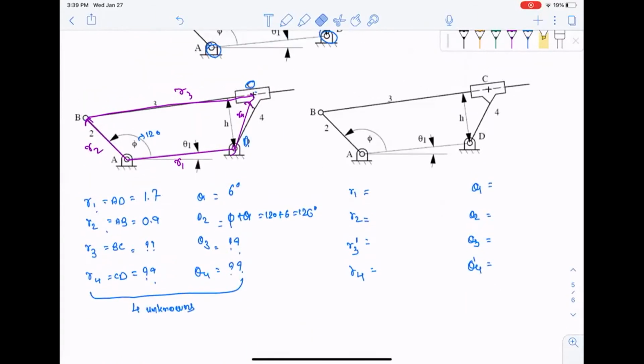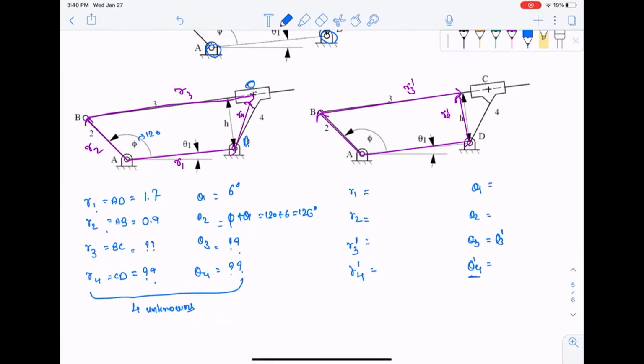But let me propose another method where this is my R1, this is my R2, this is my R3 dash, and this will be my R4 dash. In this case, I have R3 dash and R4 dash. Theta 3 is equal to theta 3 dash, and theta 4 is different, so I'm just going to write theta 4 dash.